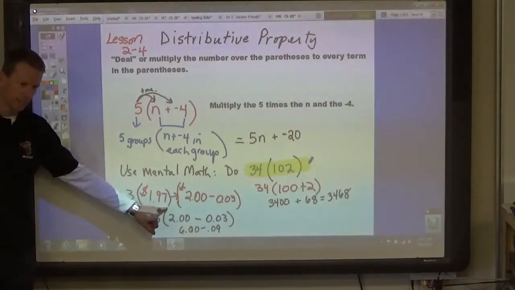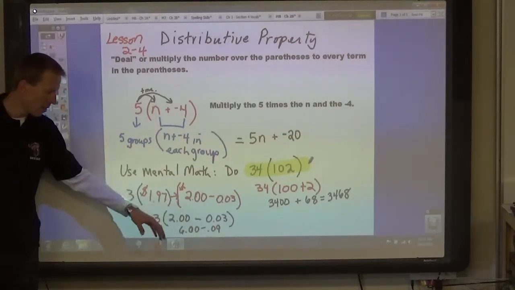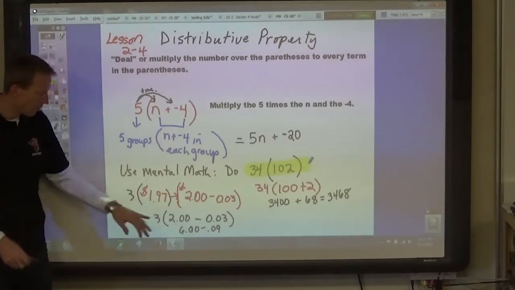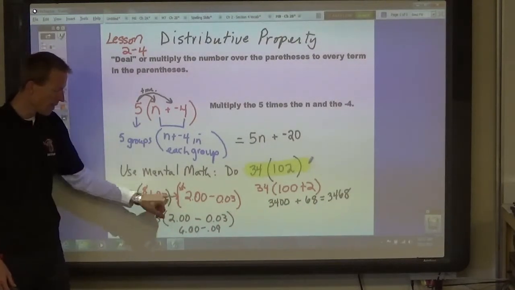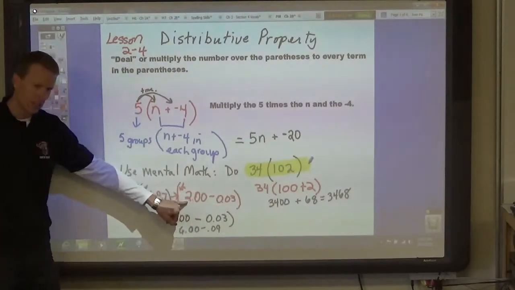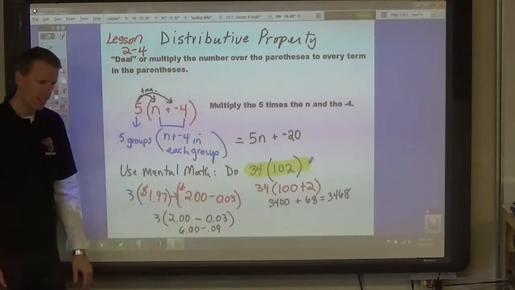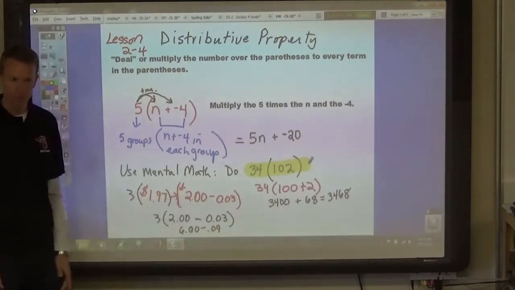Look at this. 3 times 197. Now in this case they didn't break up and write it in expanded form, but they wrote this 197 as an expression. $2 minus 3 cents. It equals the same amount, right?